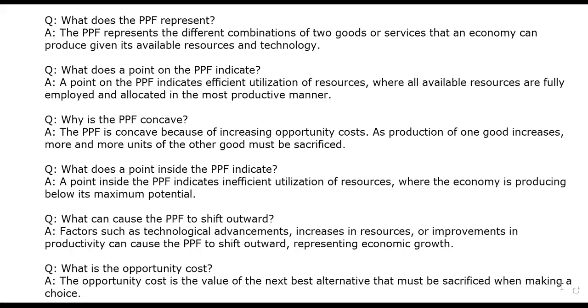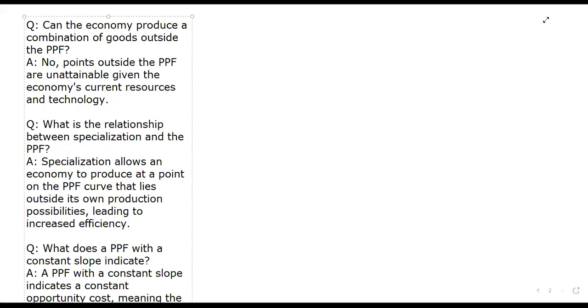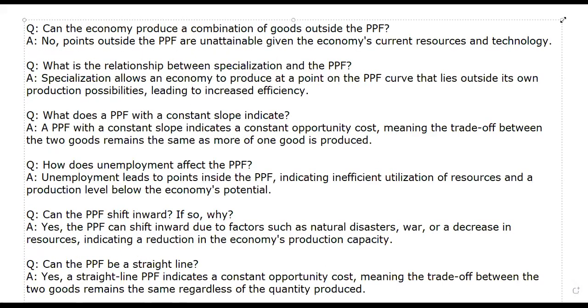So what possible questions can we have? Other possible questions that we would have are as follows. Can an economy produce a combination of goods outside the PPF? No. Outside the PPF is unattainable. With its current resources and technology, that is unattainable. What is the relationship between specialization and PPF?